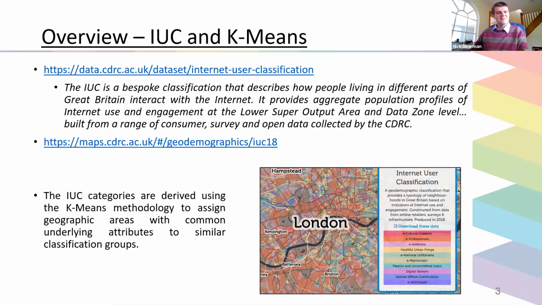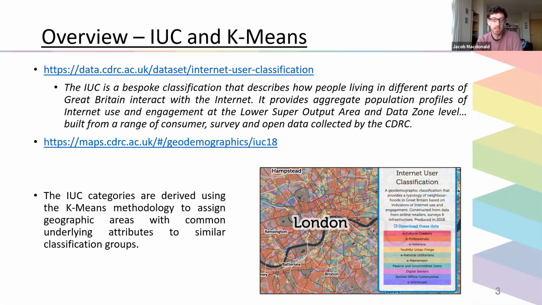So Jacob, could you give us a little bit of an overview of the internet user classification and how it relates to the k-means methodology? So the internet user classification, it's a geodemographic that looks to classify different areas across the UK according to how people interact and live and use the internet in that area.